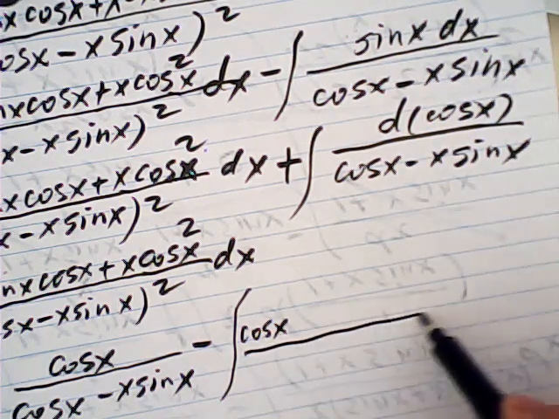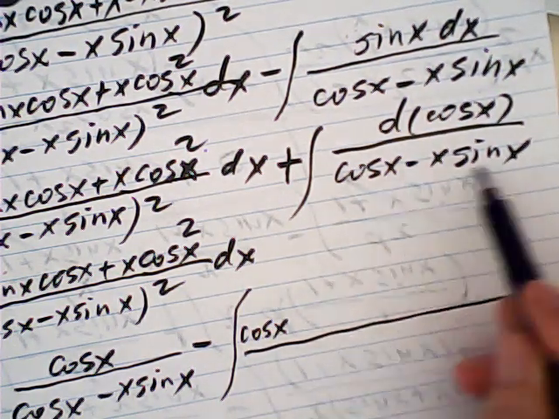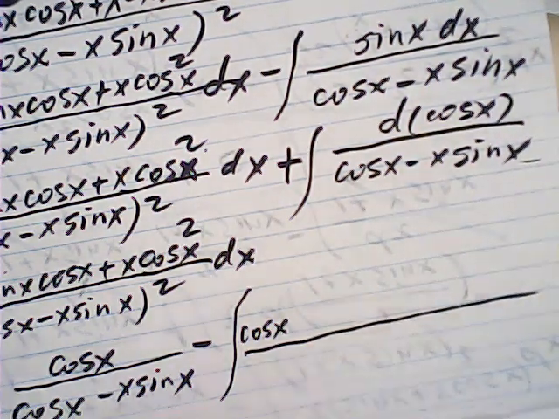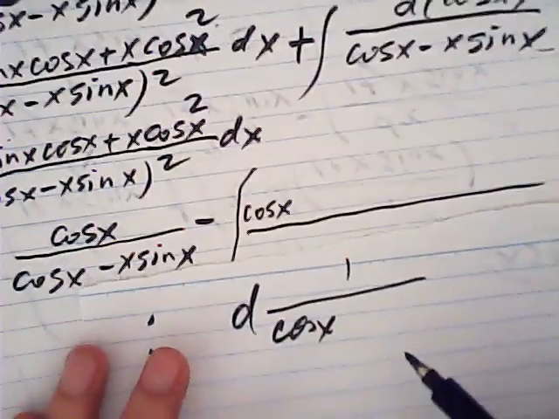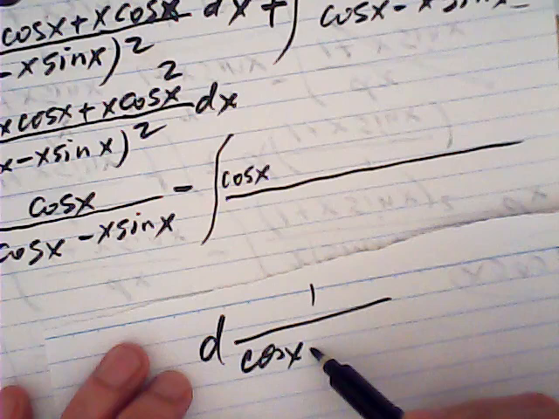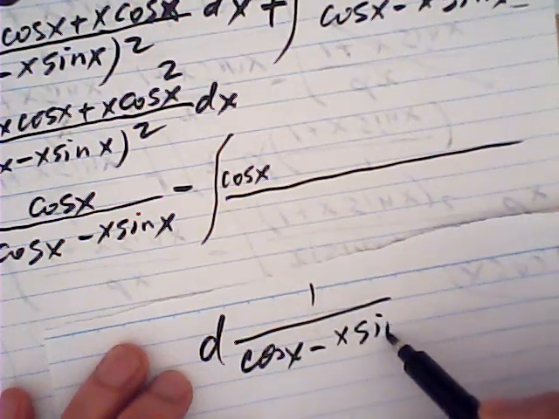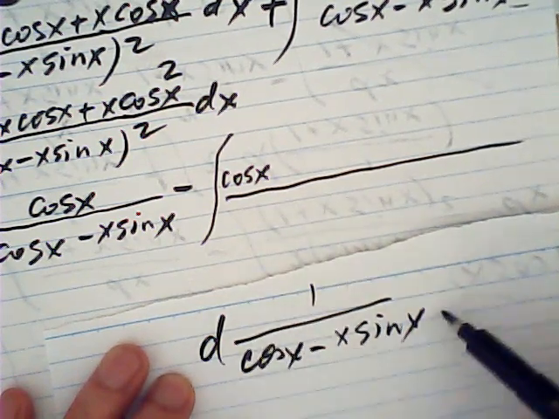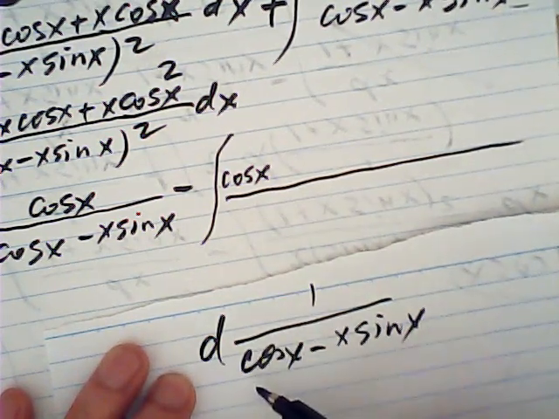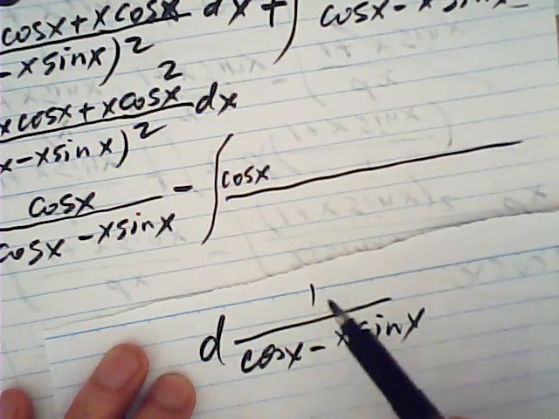du. du is this derivative, right? This is my u, cosine x minus x sine x. Now the second part of by parts becomes v du.